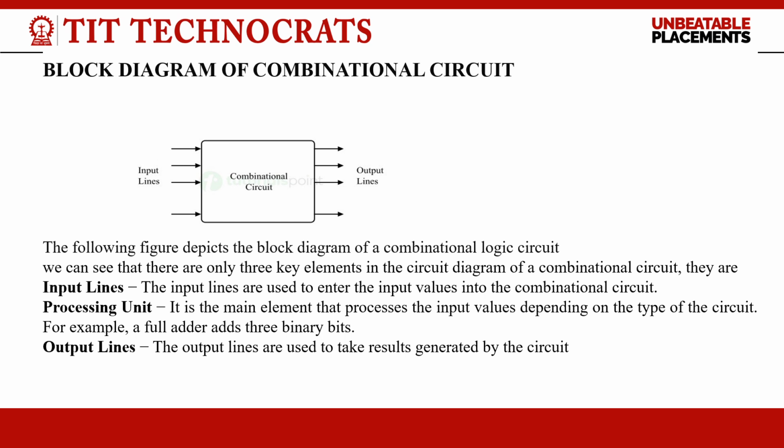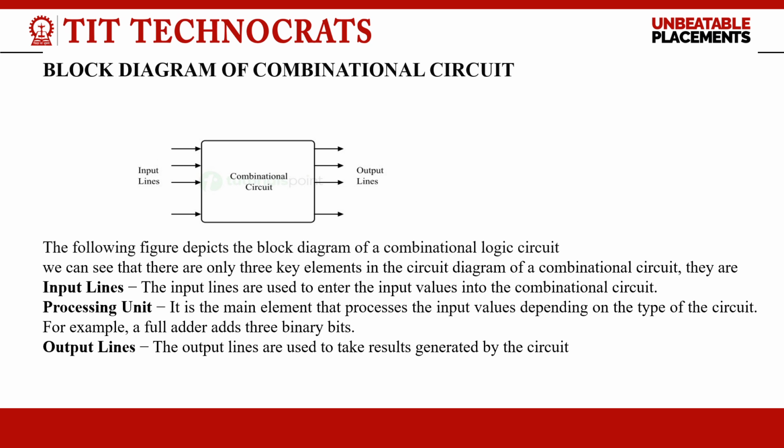There are only three key elements in the circuit diagram of a combinational circuit. They are input lines. The input lines are used to enter the input values into the combinational circuit, whereas the output lines are used to take the results generated by the circuit.